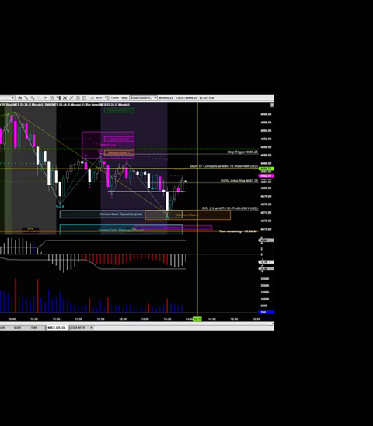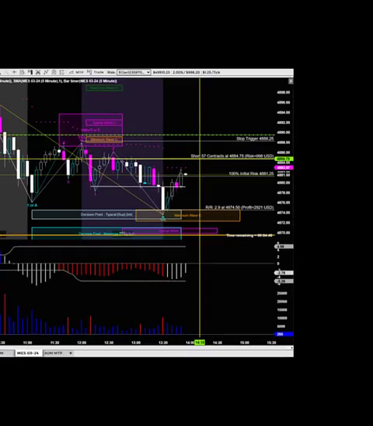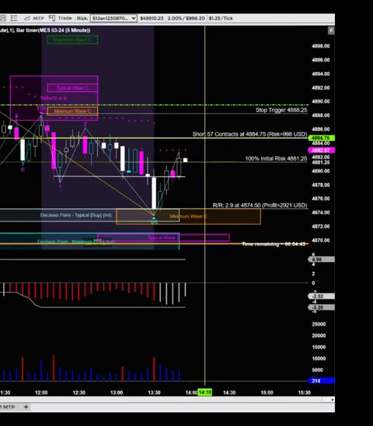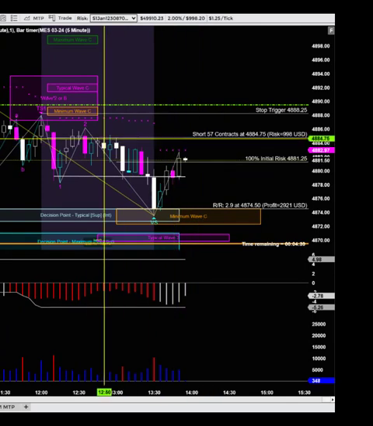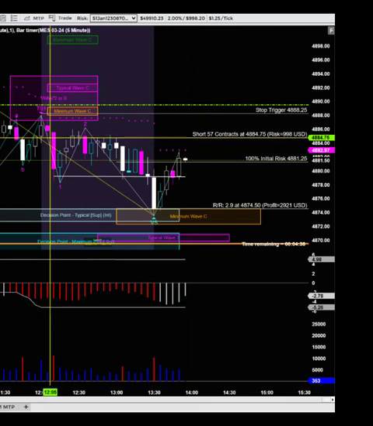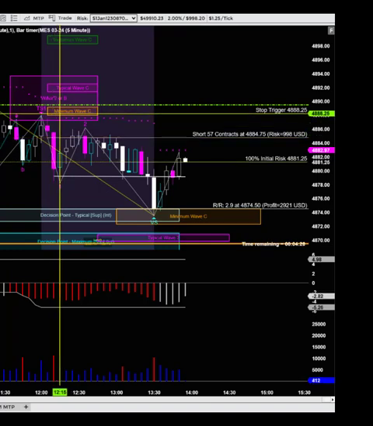You don't have to trade 57 contracts, but that's what it's doing here. So it tells you that your entry is going to be right here off the bottom of this bar, at 4884.75. You're risking $998 if your stop up here at 88 gets triggered.